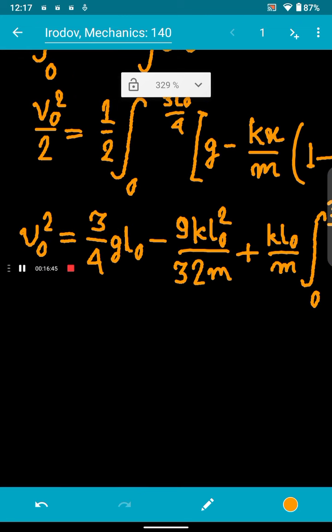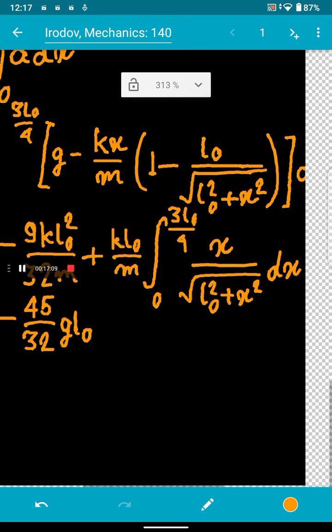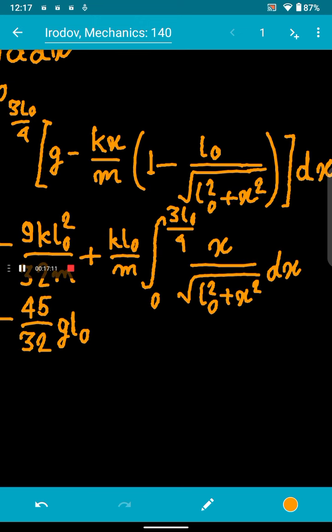Now if we sum up the previous two parts, this is 3 by 4 GL0, and also this part. It was given that KL0 equal to 5 mg, or k equal to 5 mg by L0, so we can write this as 45 by 32 GL0, and if you calculate this integral, this will come out to be L0 by 4.